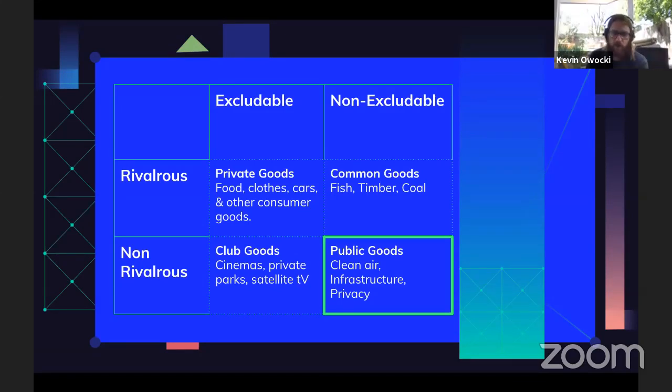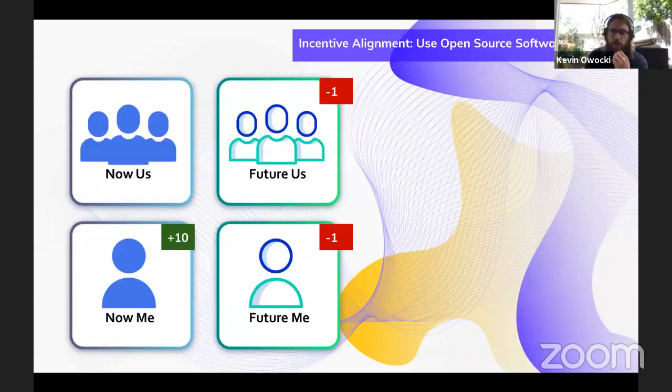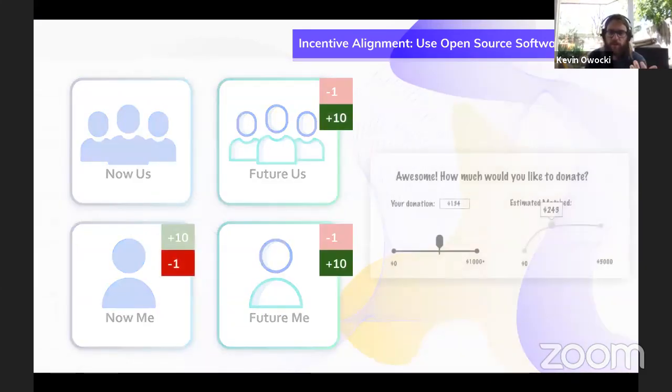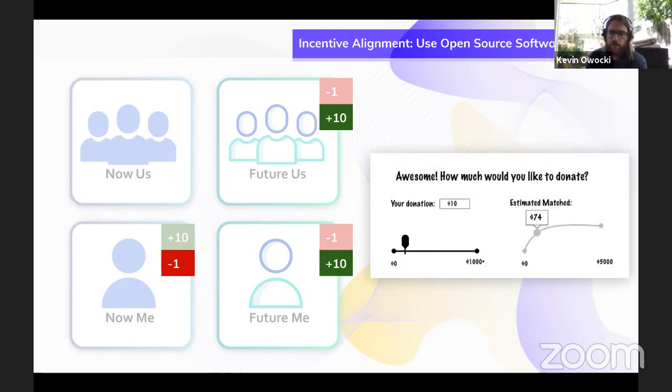Those are goods that are non-excludable, which means you can't stop people from consuming them, and non-rivalrous, which means the fact that I consume clean air doesn't stop Greg from consuming clean air. And so what we're building with quadratic funding is, on a per-actor basis, the incentive mechanism to contribute to public goods in a digital-first world.